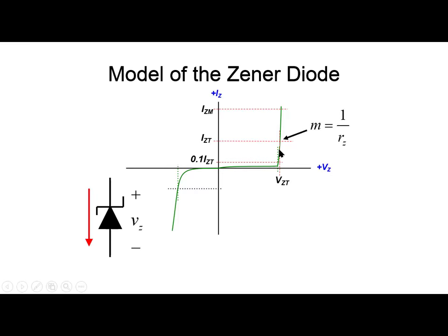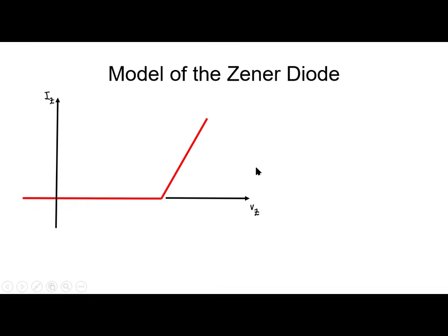In what follows, I will exaggerate the deviation of this quasi-vertical line from the vertical, so that I can see better what is happening in the representation of the Zener, like this. I have exaggerated the deviation from the vertical of that characteristic. I was saying that the manufacturer gives us at a test point the coordinates, the test current, IZT, and the test voltage, VZT.